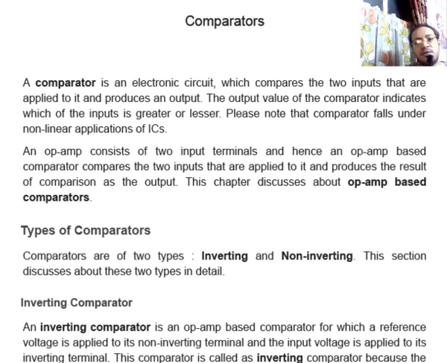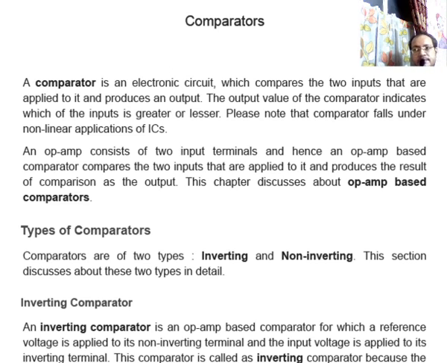Now the next one, that is comparator. A comparator is an electronic circuit which compares the two inputs that are applied to it and produces an output. The output value of the comparator indicates which of the inputs is greater or lesser.